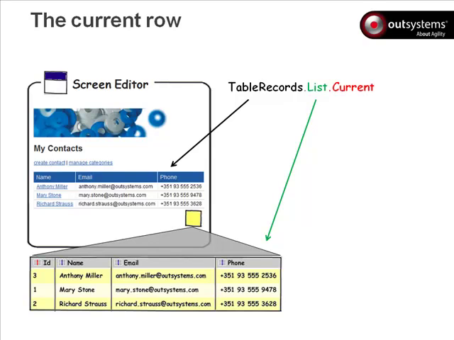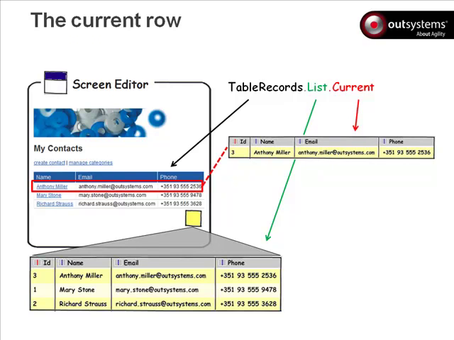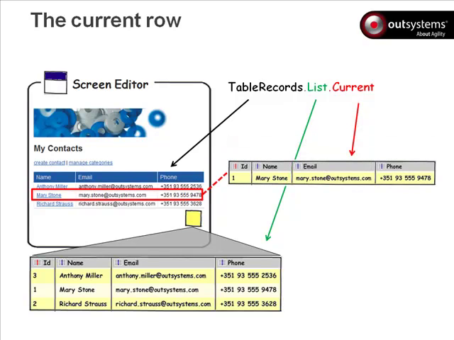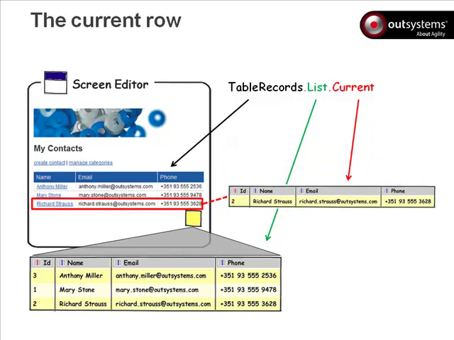When the screen is being rendered inside a table records row, this property assumes the record that is feeding the current row. This means that any expression inside the row that refers to tablerecords.list.current will evaluate to the record feeding the first row. And the same thing for the second row, and the same thing for the third row, and so forth.